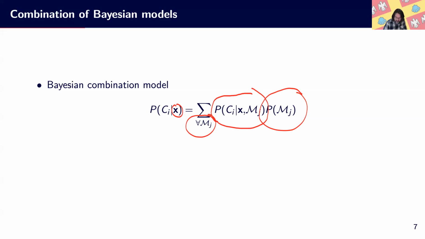So this is P of Mj, which is not dependent on X. This is the prior over that model. And the posterior is really the decision made by that model over that sample.